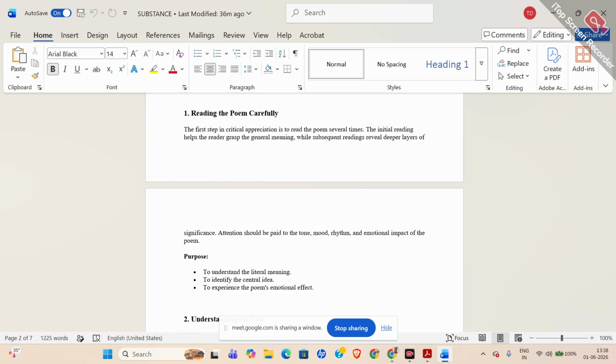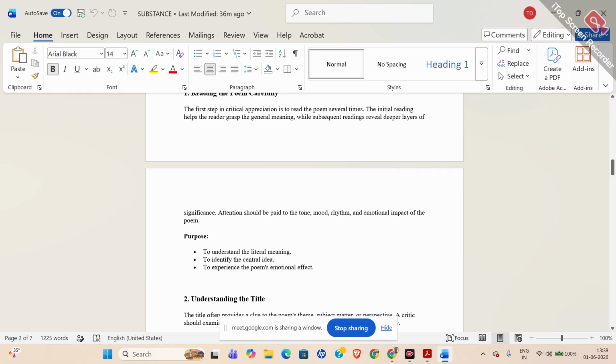First thing also, reading the poem carefully. The first step in critical appreciation is to read the poem several times. The initial reading helps the reader grasp the general meaning, while subsequent readings reveal deeper layers of significance. Attention should be paid to the tone, mood, rhythm, and emotional impact of the poem. So this is important because if we read the poem once or twice, then the general meaning of the poem is revealed.